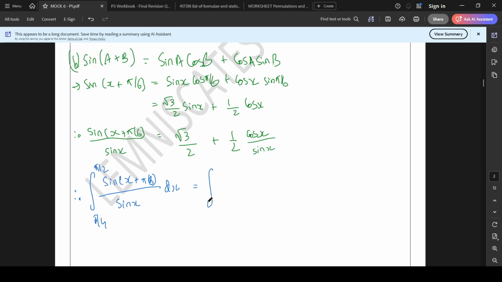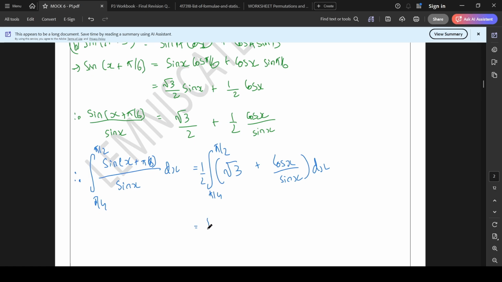This is same as doing integration of square root of 3 by 2 plus, I can just take half as a common factor outside, so that it becomes root 3 plus cos x over sin x dx, and the limits are pi by 4 to pi by 2, 45 to 90. So half will be as it is. Then the integration of square root of 3 will become square root of 3x.